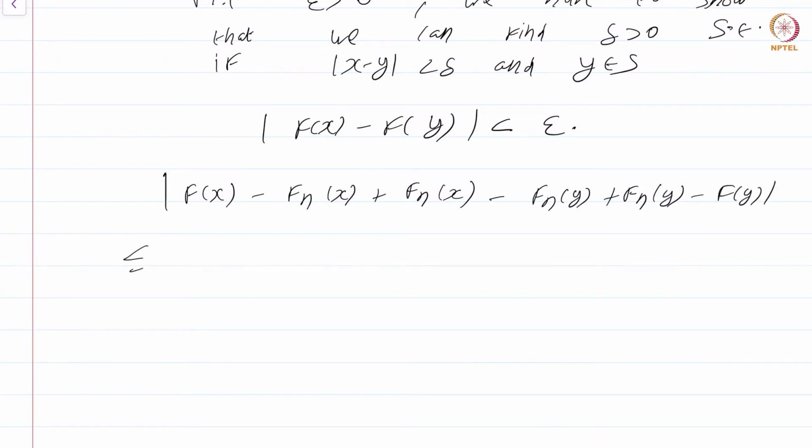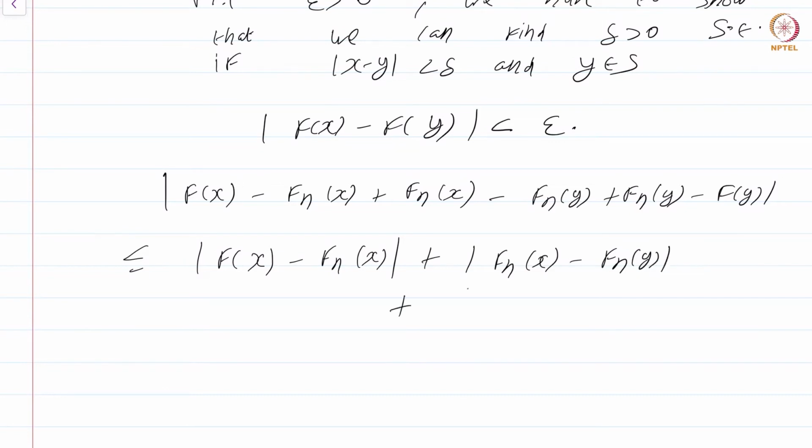We get less than or equal to |f(x) - Fn(x)| + |Fn(x) - Fn(y)| + |Fn(y) - f(y)|. This splitting into 3 terms repeatedly arises in analysis, so be very careful and try to understand what exactly is going on.